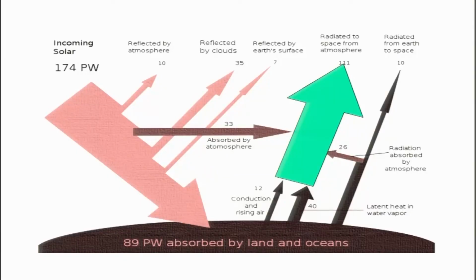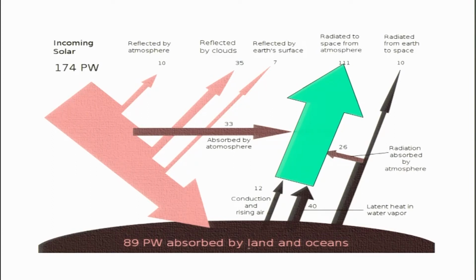You can see that here you have 174 petawatts of energy that is coming to the surface. Out of 174 petawatts, 10 is reflected by the atmosphere, 35 petawatts is reflected by the clouds, and Earth's surface reflects about 7 petawatts, and the remaining is absorbed by land and oceans, and of course 33 is absorbed by the atmosphere.